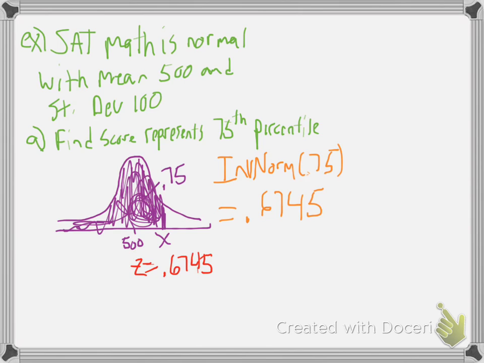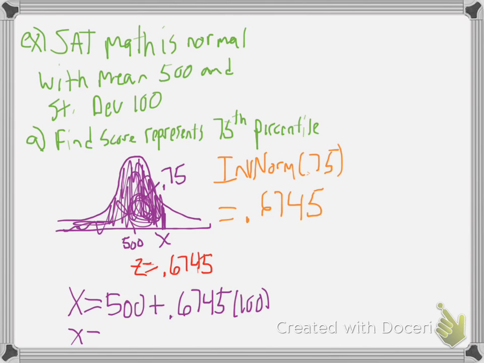This is the formula we've used before where we find the x. We do x is equal to the mean, which is 500, plus the z, 0.6745, times the standard deviation of 100.